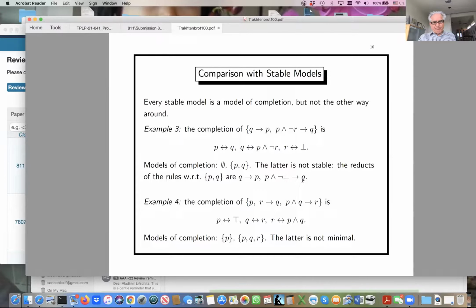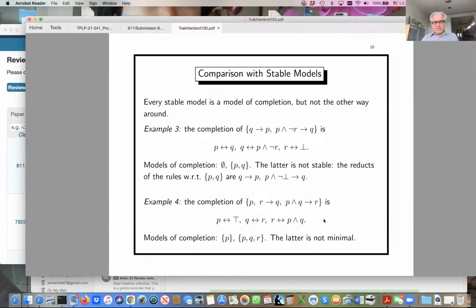And {P, Q} is not the minimal model of this set. You could make both implications true if you take the empty set, make P and Q false.